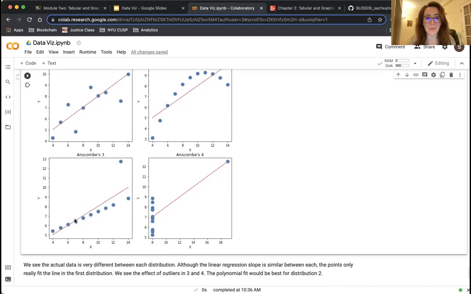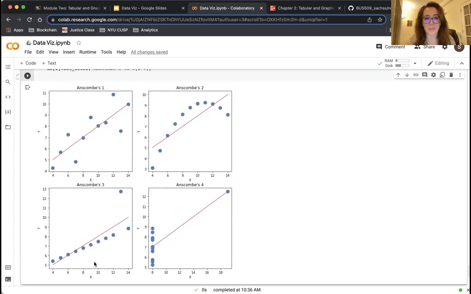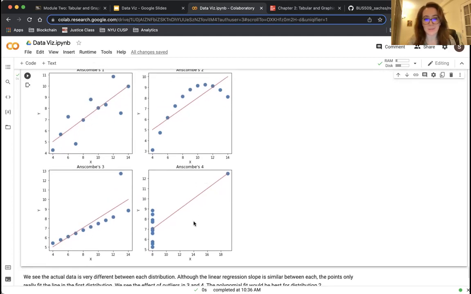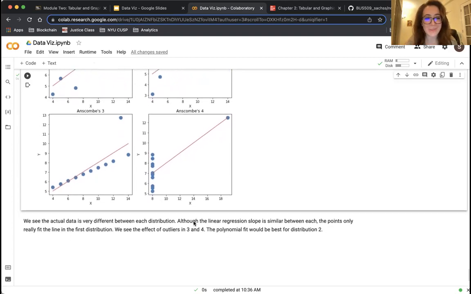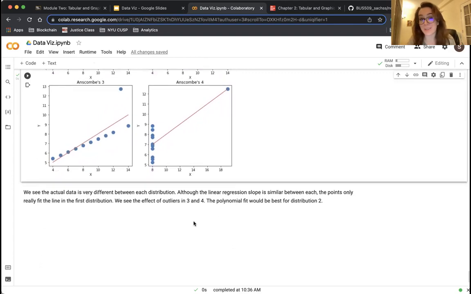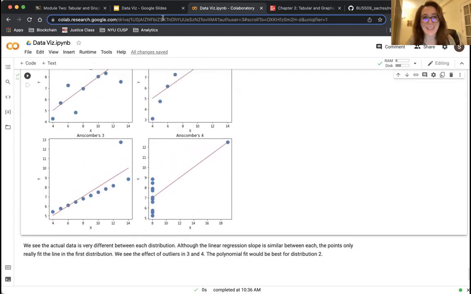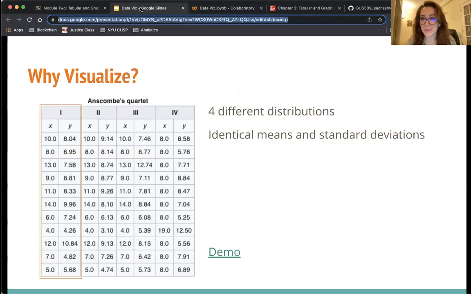These two are a little more similar, and then this 1 and 4 looks very different from all the rest. So we see the actual data is very different between the distributions. And that's the point of that little case study of why we need to visualize.